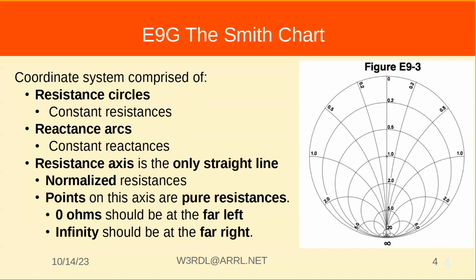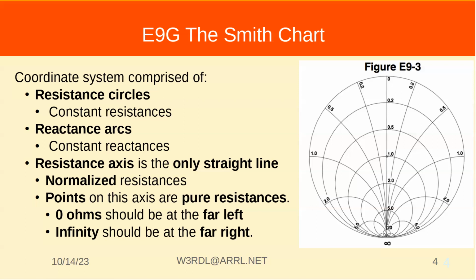And you see there's a circle that intersects. Every point on that resistance circle is, in this instance, 50 ohms or 1. Likewise, if you go up to 0.5, every point on that circle is 0.5 real resistance.